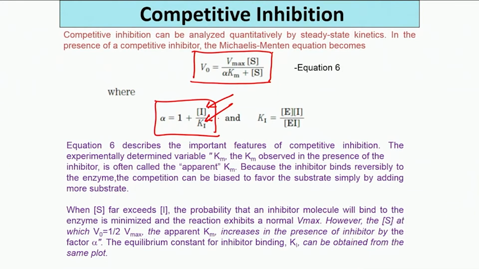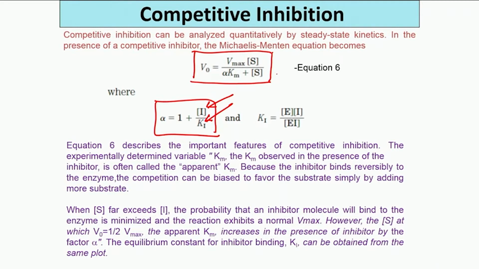Like earlier you had Km. Actually the reciprocal of Km gives the dissociation of the enzyme substrate complex, and Ki gives the dissociation constant for the enzyme inhibitor complex. Okay. So, that is the equation that it takes.